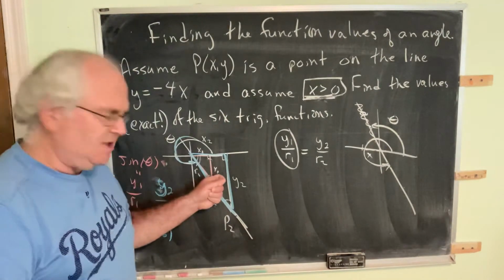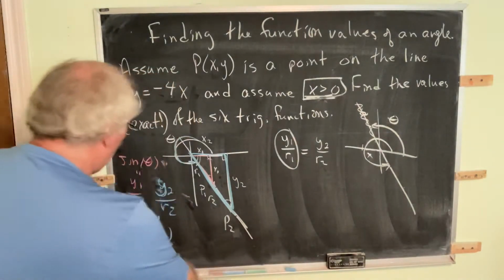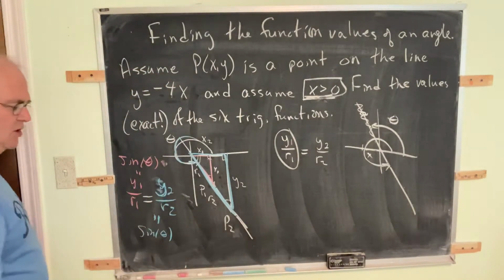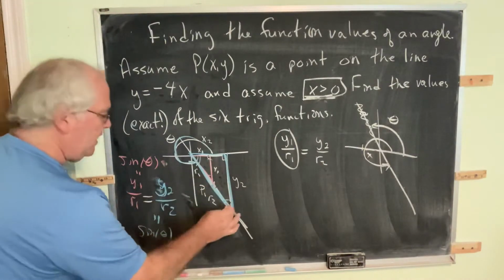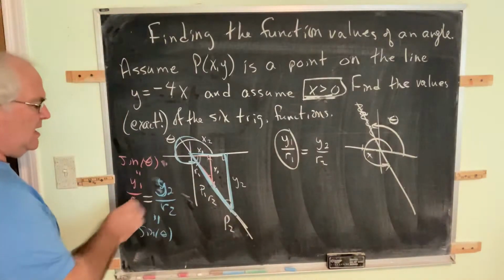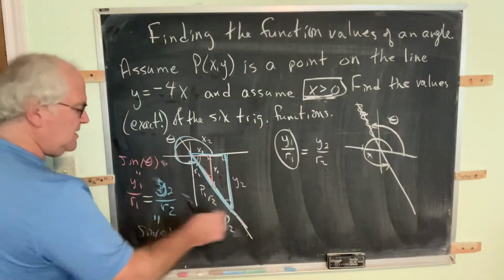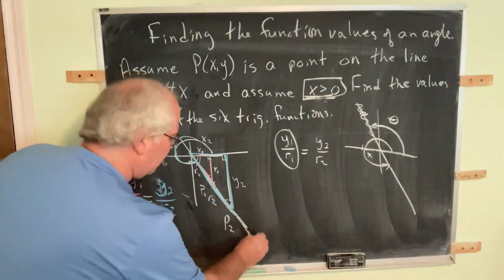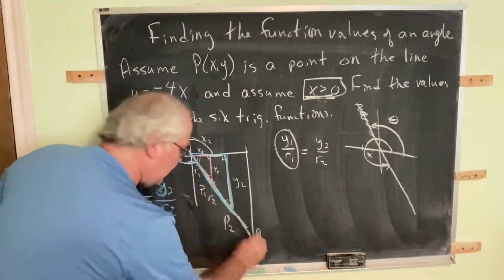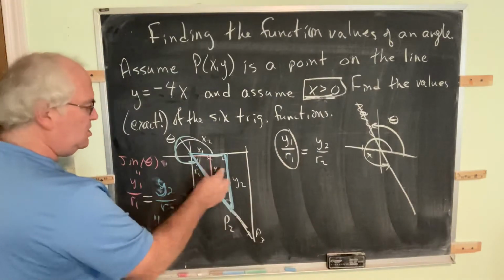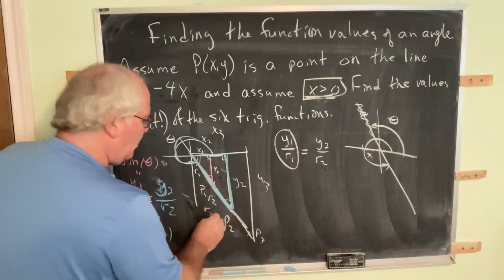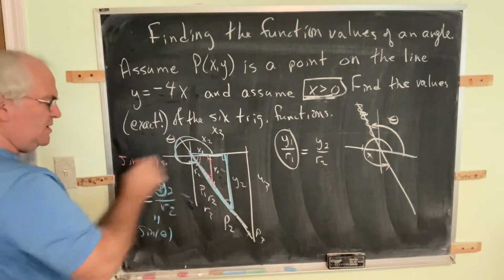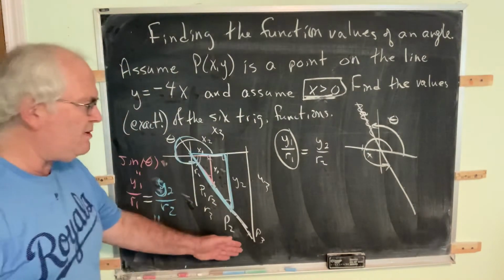But because they're similar triangles, we know those are equal to each other. So it doesn't matter which point we choose on the line, because they're always going to make similar triangles. We could choose a point number 3. There's point number 3, but that triangle is similar to these two also. And so x3 and y3 and r3, those are in proportion to the smaller triangles. It doesn't matter which one we pick.